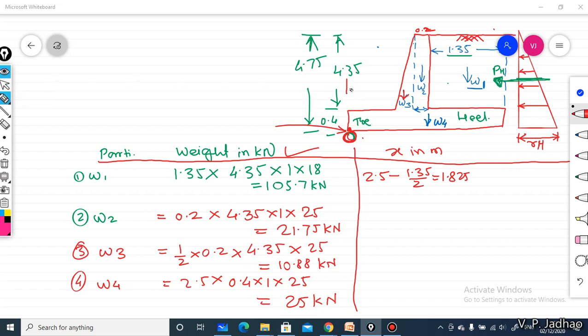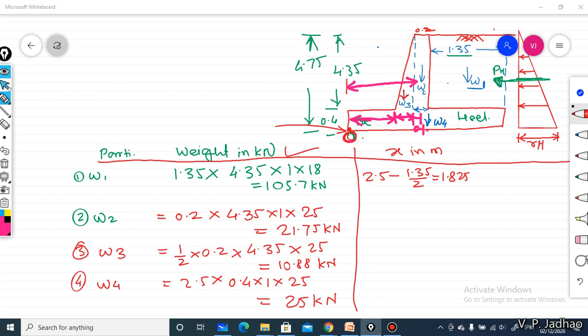This W2 force is acting at this particular distance. This distance will be the toe projection plus the width of 0.2 plus the CG of this rectangular portion, which is 0.1 meter.